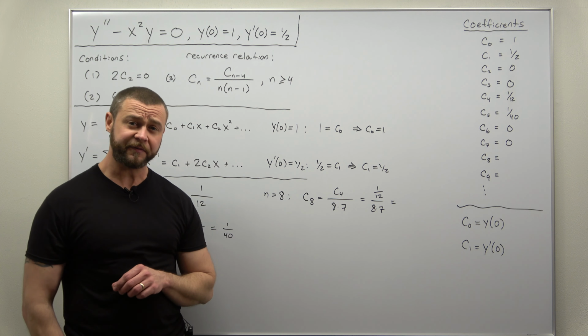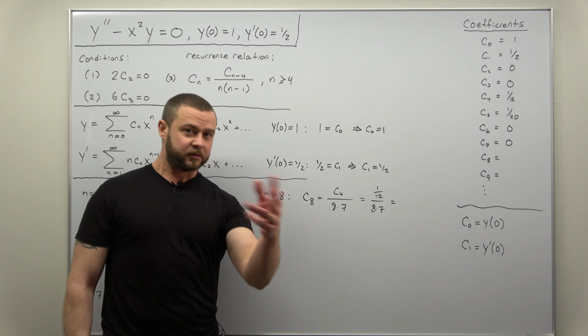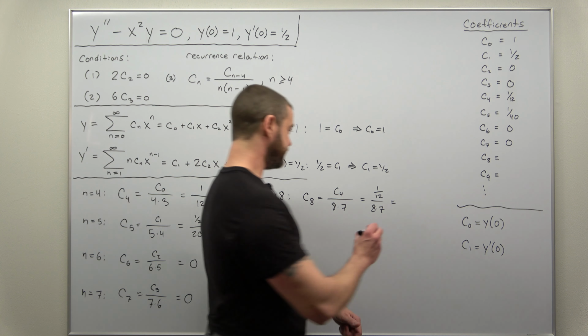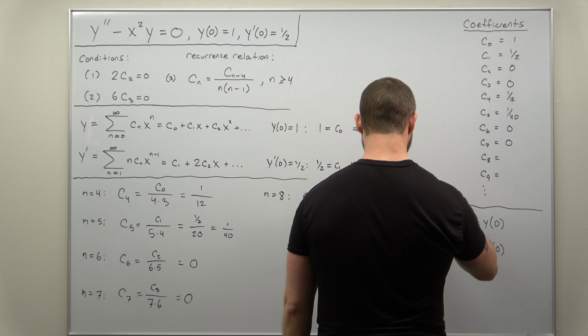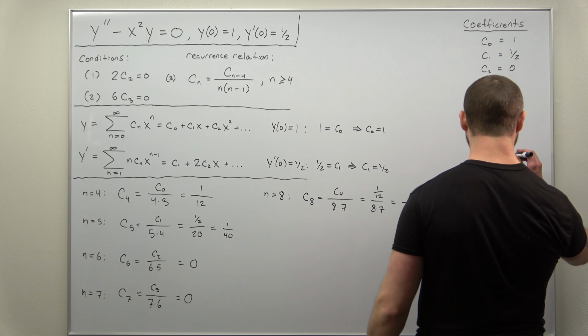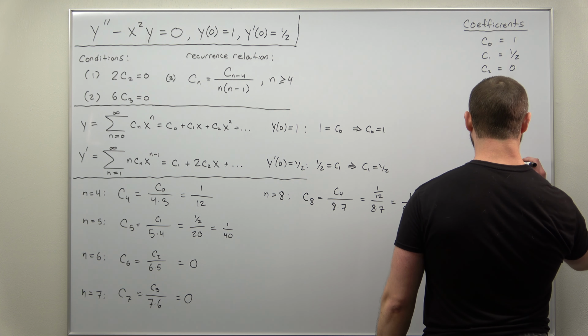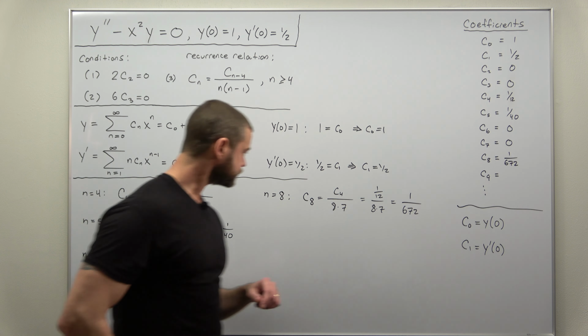And if you go ahead and simplify that, divide, rewrite this, you should get 1 over 672. All right, so we can put that in our list. c sub 8, 1 over 672.